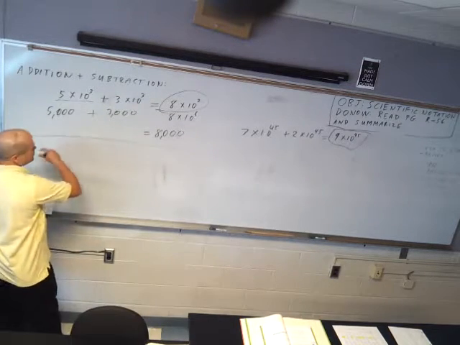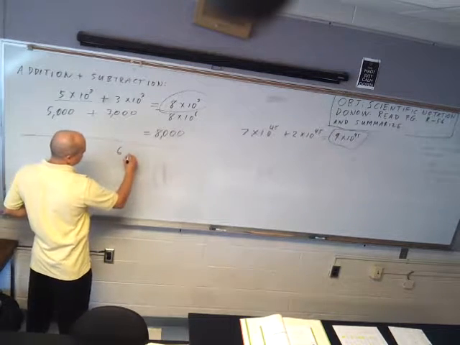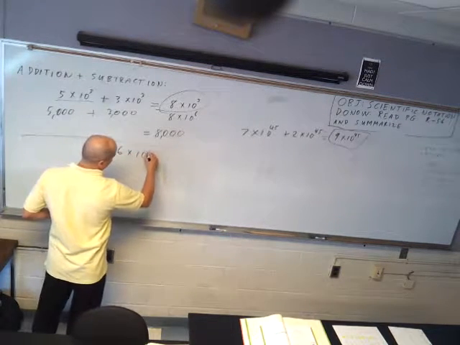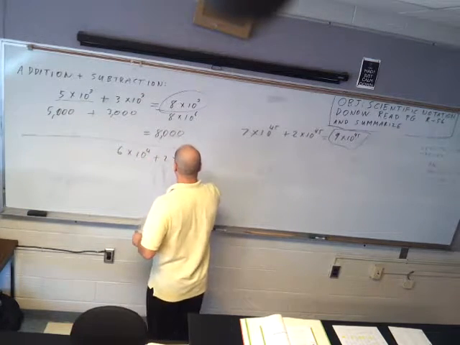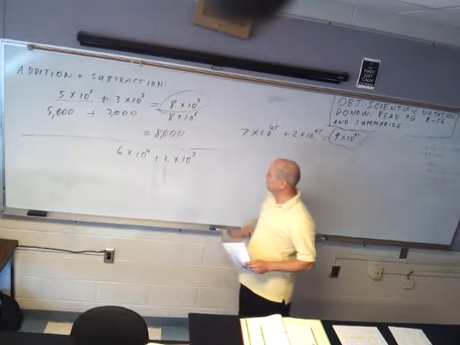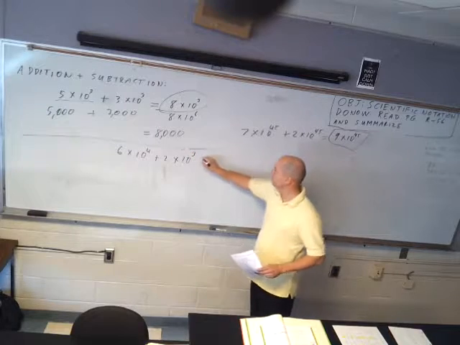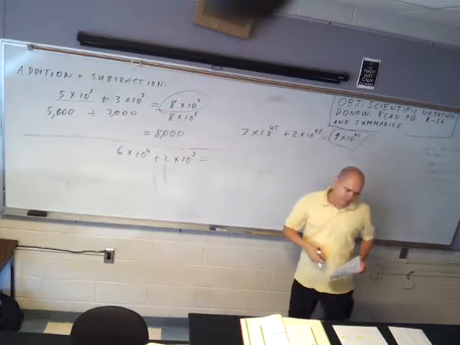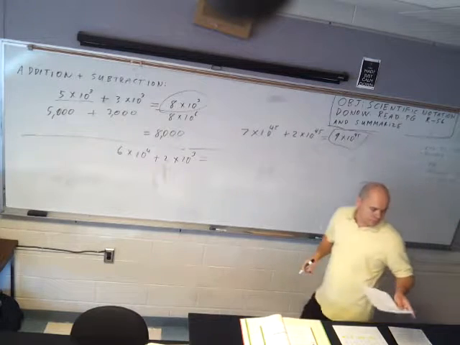All right, now let's do something where they have different exponents and see how we do with that. So let's say we have 6 times 10 to the power of 4 plus 2 times 10 to the power of 3. All right, what do you think the answer is going to be? I don't know.